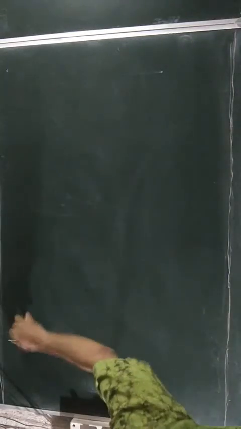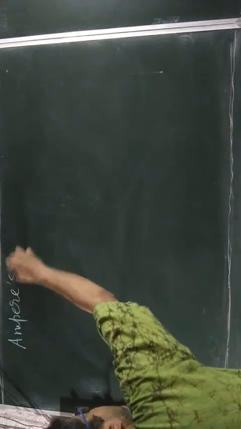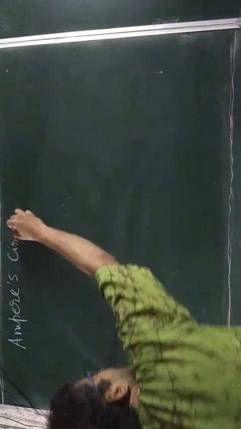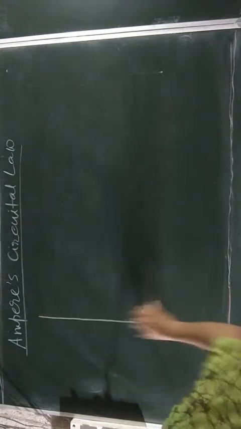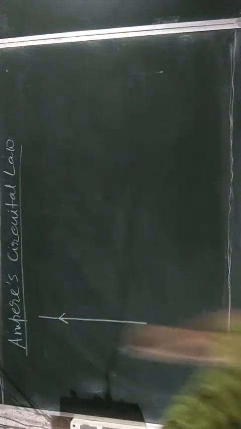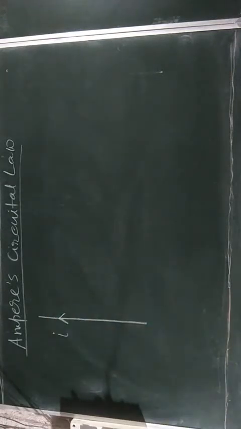The next topic is Ampere's circuital law. Suppose there is a wire through which a current flows.